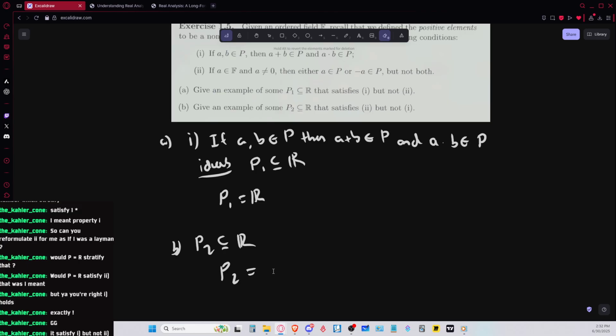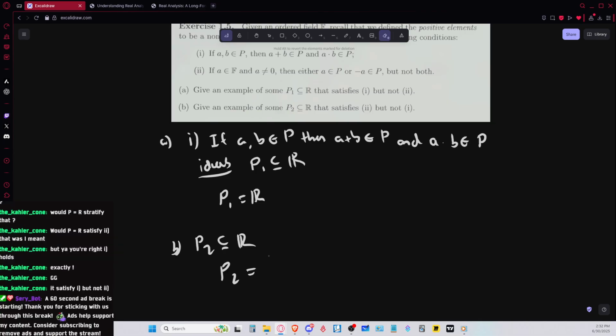But that would still fulfill 1. We'll call them 1 and 2, because it's just a bunch of i's. So it has to be a certain condition. So I think 2 is a set such that.